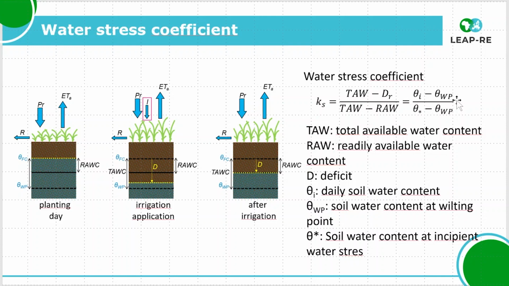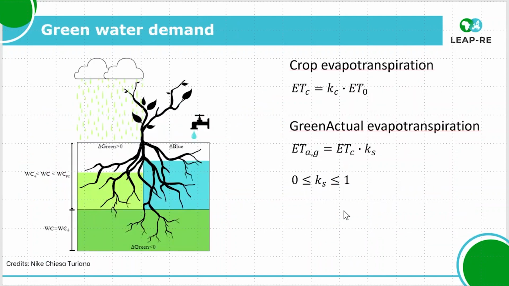Here you have the quantification of green and blue evapotranspiration. Basically, for each growing period and for each crop, you can evaluate what is the portion of water demand being satisfied with just the green part, the soil moisture, and what is the amount of blue water irrigation that needs to be added in order to have Ks equal to 1.